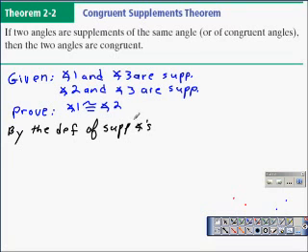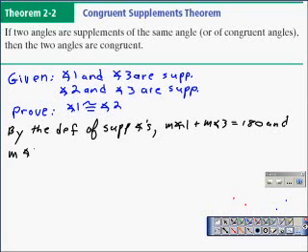And this right here would be by the definition of supplementary angles, the measure of angle 1 plus the measure of angle 3 is equal to 180. And you can also state that the measure of angle 2 plus the measure of angle 3 is equal to 180.